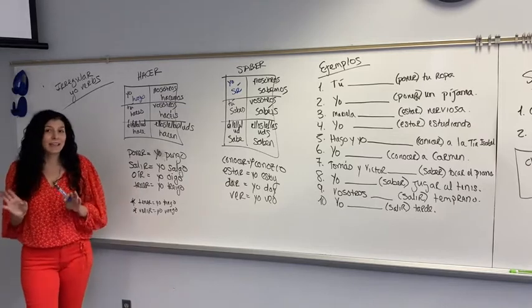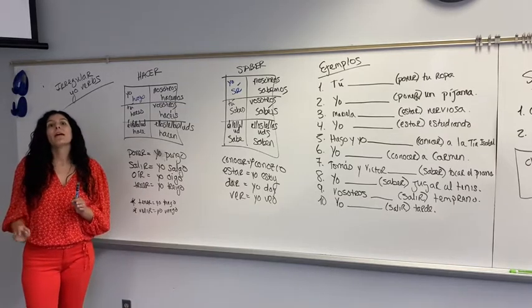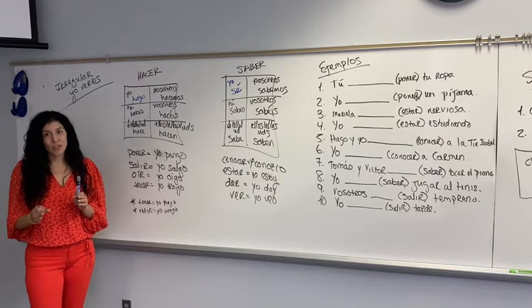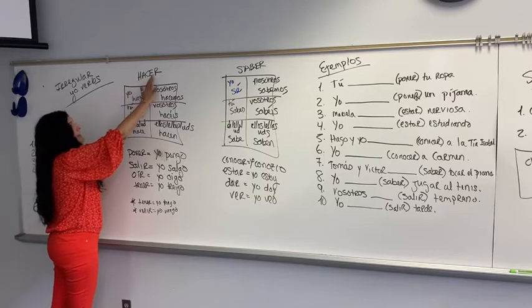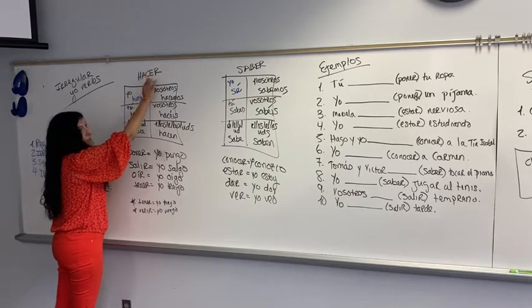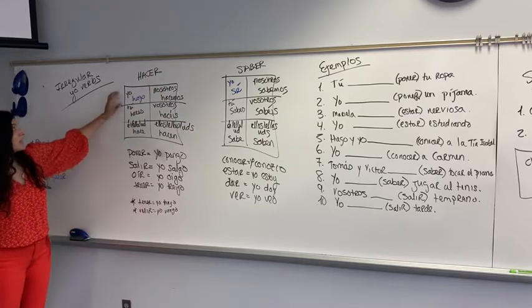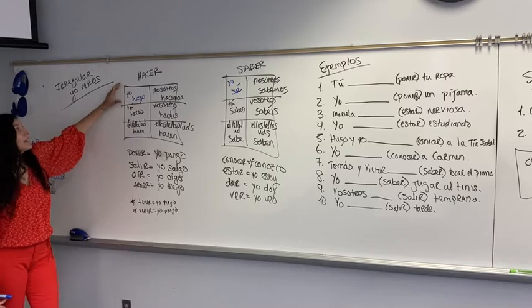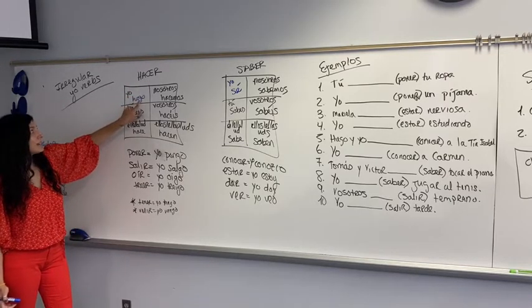All we're saying in this category is that in the yo form, the stem changes. So for example, in this verb, hacer, the stem is HAC. What we're saying is that when we create the yo form, that HAC becomes HAG.